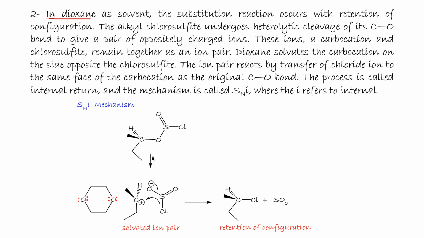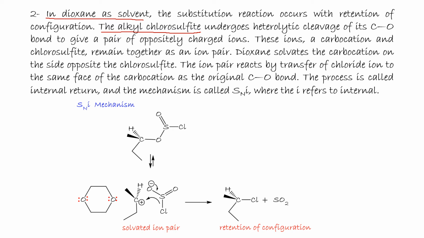In dioxane as a solvent, the substitution reaction occurs with retention of configuration. The alkyl chlorosulfite undergoes heterolytic cleavage of its C-O bond to give a pair of oppositely charged ions.